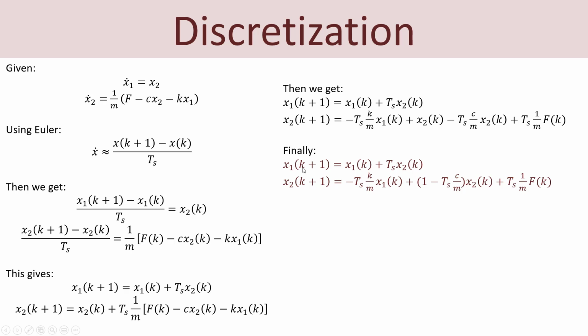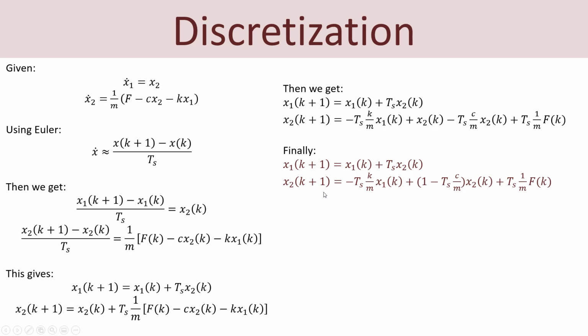So we have x1 k plus 1 equals x1 k plus Ts, which is the sampling time, times x2 k, and x2 k plus 1 equals x2 k minus Ts, k over m multiplied with x1 k, etc.